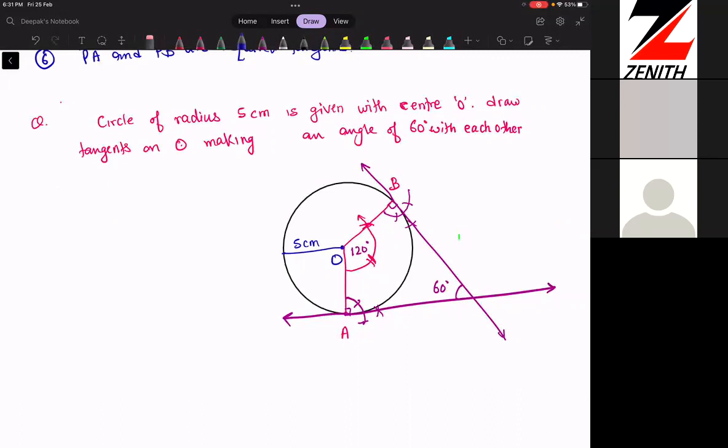Right, step 1 will be: draw a circle with radius 5 centimeter. Randomly draw radius OA.